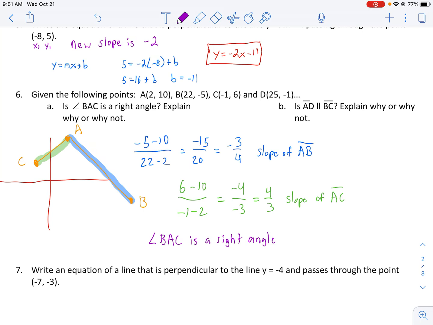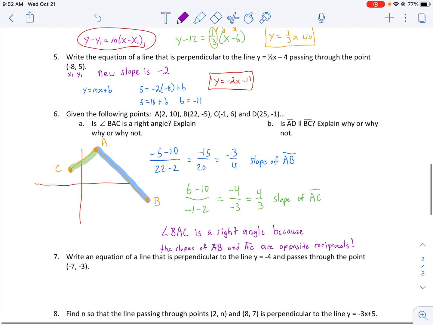So angle BAC is a right angle because the slopes of AB and AC are opposite reciprocals. Yay. All right. Now let's do part B.